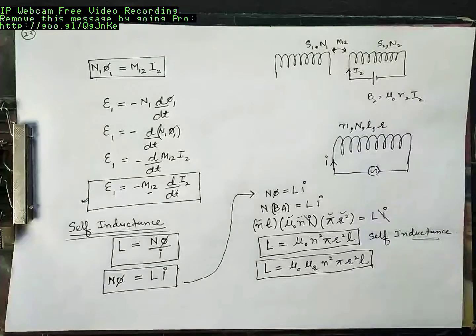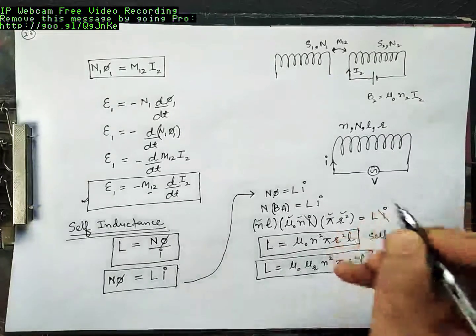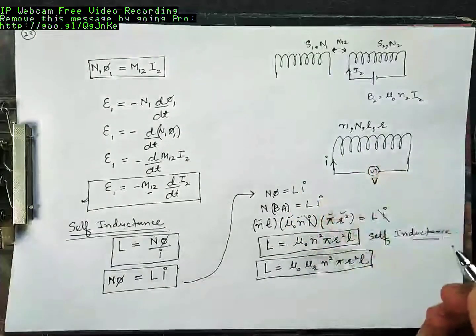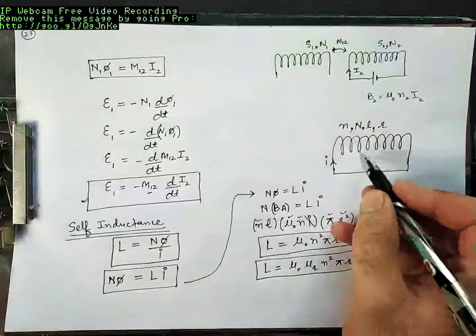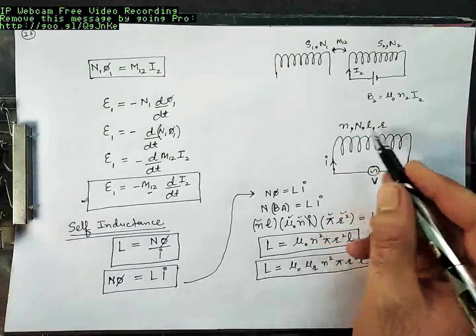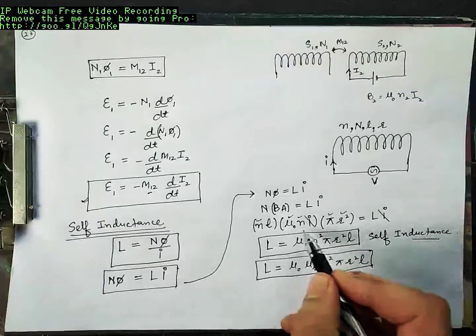Now the question arises. Since you are connecting some voltage V over here, because of that voltage V, a current I flows through the solenoid. Because of that current, the solenoid produces a magnetic field, mu naught Ni.